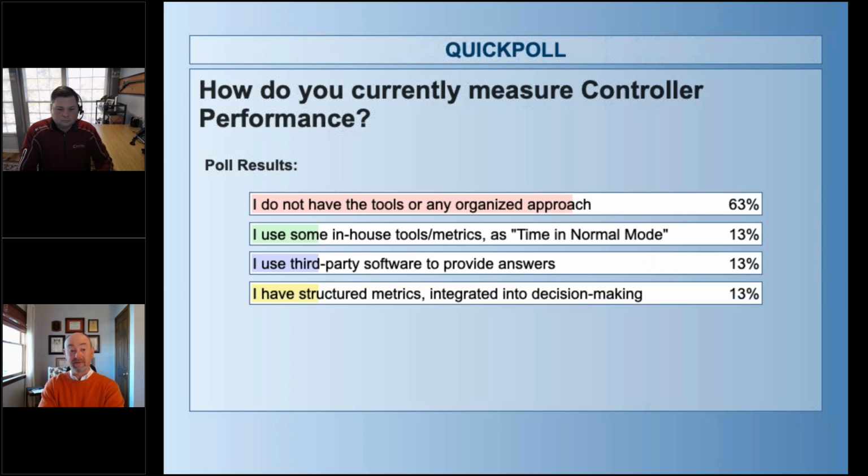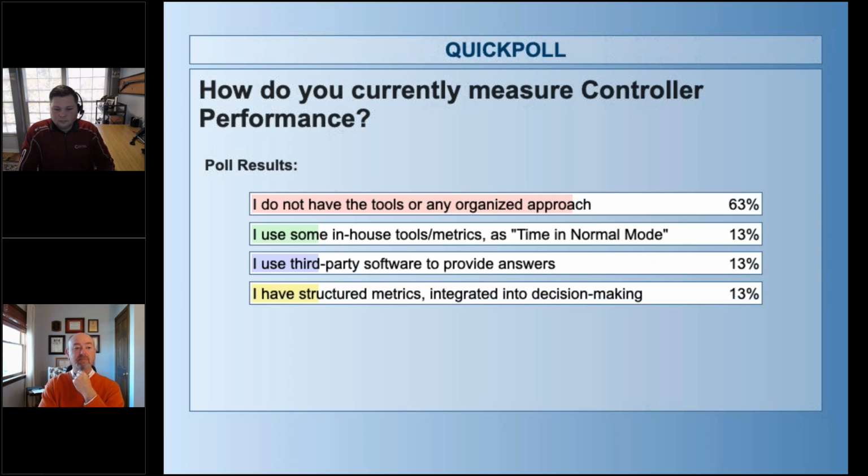Definitely using more advanced solutions like third-party software, like Plant ESP, or having structured metrics that are fed into the daily decision-making process is something we'll talk about as we go on in this webinar, to get you more insight into how this can really help drive your day-to-day improvement in the plant.